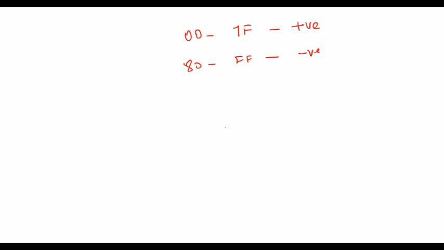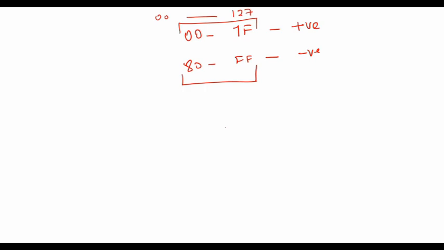Now how do you know the value of this negative number from 80 to FF? It is quite simple. 0 to 7F is quite straightforward, it is 0 to 127. Whereas for negative numbers, what is the value? Is it minus 128 to minus 255?